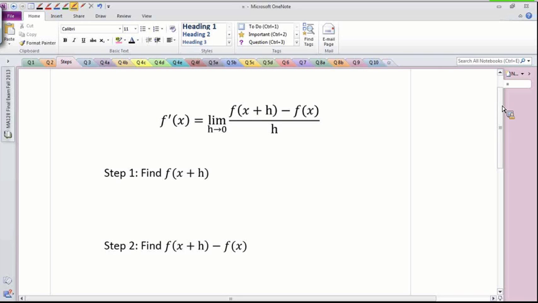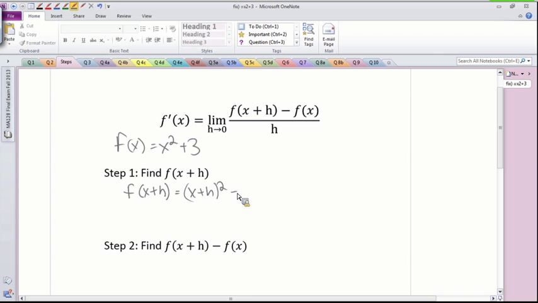Okay, so step 1, find f of x plus h. Now f of x plus h, we're just plugging in x plus h for each value of x. So our f of x was originally x squared plus 3. So f of x plus h would be (x plus h) squared plus 3, which is equal to (x plus h) times (x plus h) plus 3.